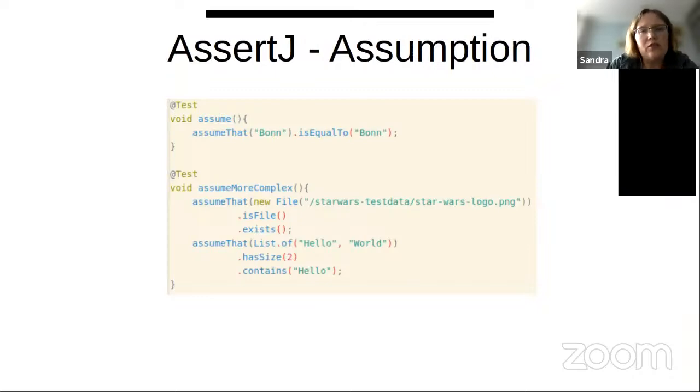The next topic that I think is important is to speak about assumptions. You will say, okay, assumptions are not so important, I can use assertions. That's true, but when you have test reports, it's very good that we divide these two parts. For me as a reader of a test report, it's important information whether the test is not running because the assumption is not matched, or my test is failing because my code is wrong.